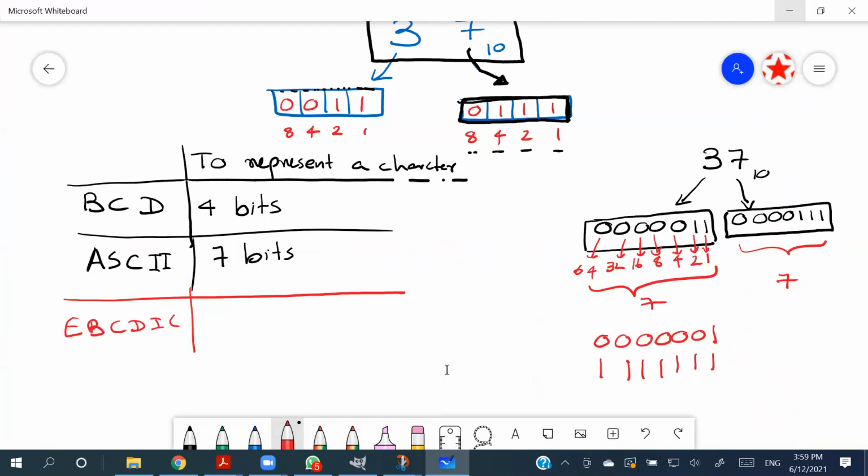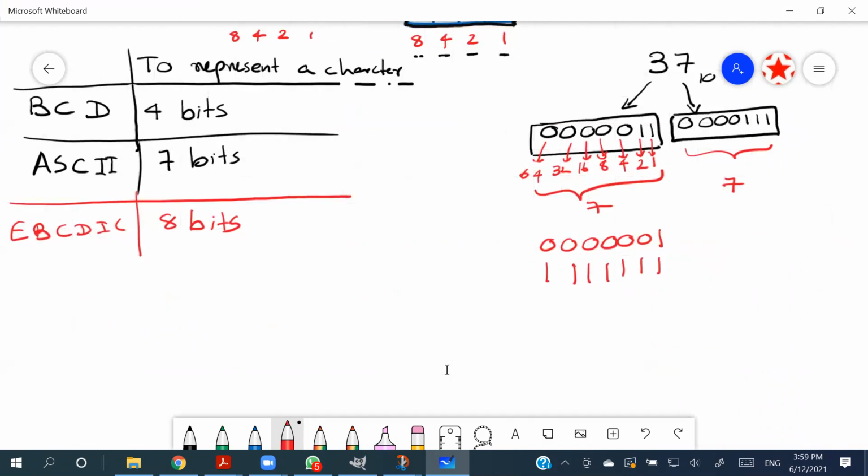So there, they use 8 bits to represent a particular character. Then the code becomes a bit bigger. Right? Earlier this was given with ASCII.